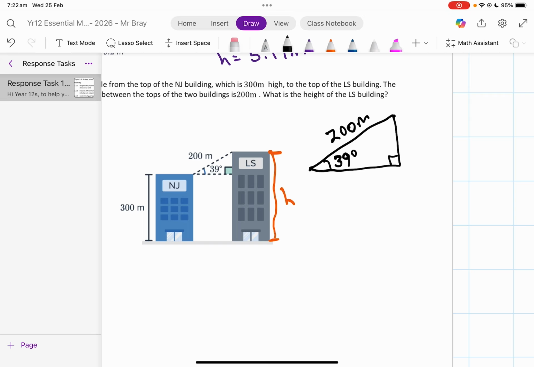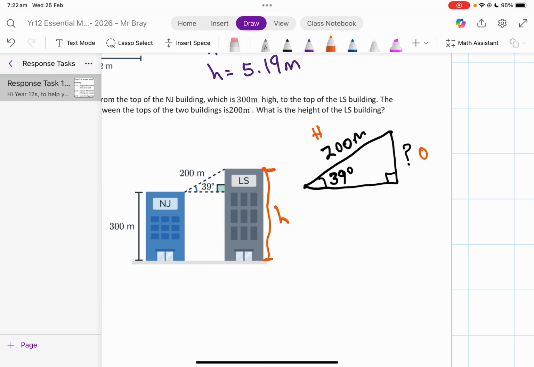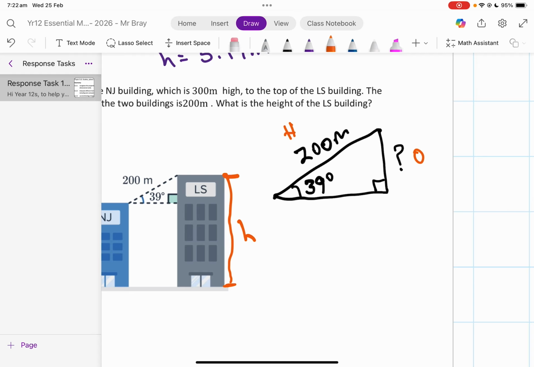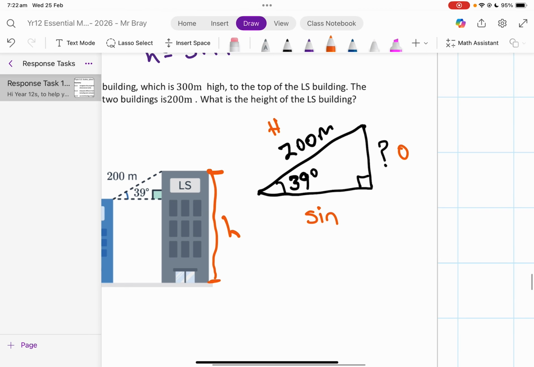And my goal is to solve for this bit over here. So we've got an angle and a side, which tells me that we are using trigonometry. So we are going to label as such. This is the opposite side. This is the hypotenuse side. If I now go to my trusty SOHCAHTOA, I can see I have O and H, which tells me that we're using sine.